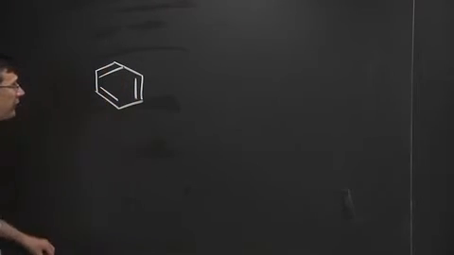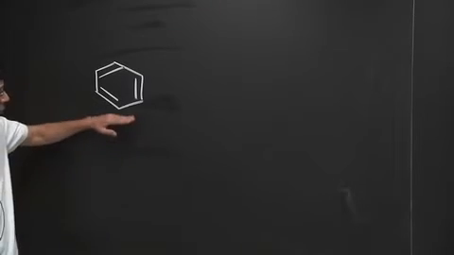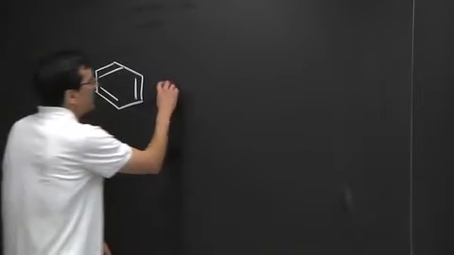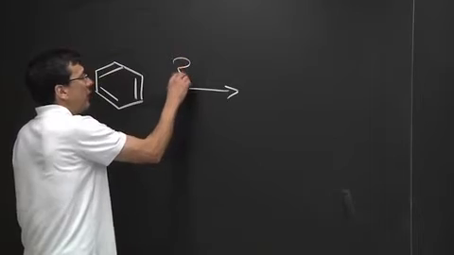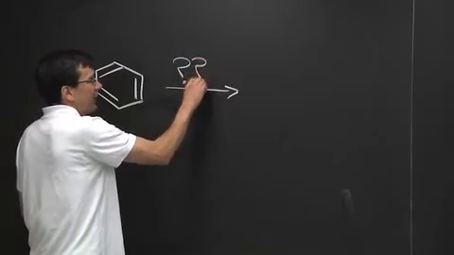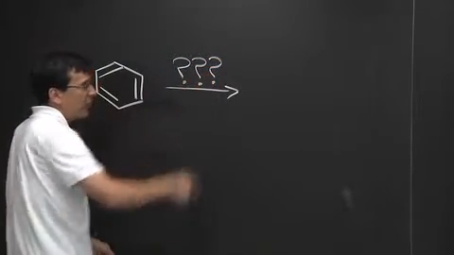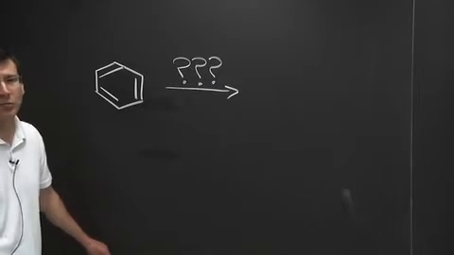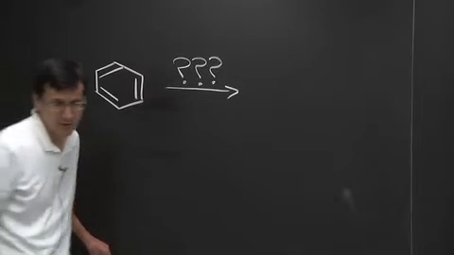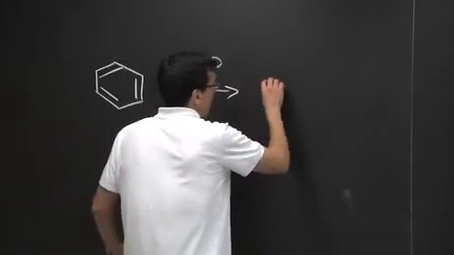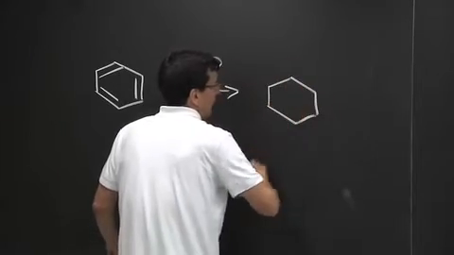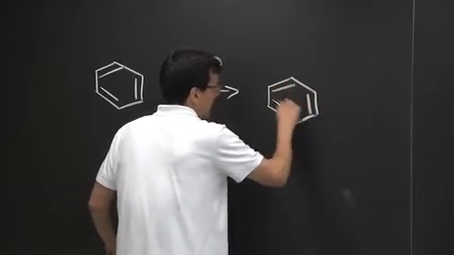So in this particular synthesis problem, we're going to start with benzene, and through some series of steps, the number of question marks is not related to the number of steps that might be required. There might be multiple steps, but it's up to us to figure out how many steps it might take.